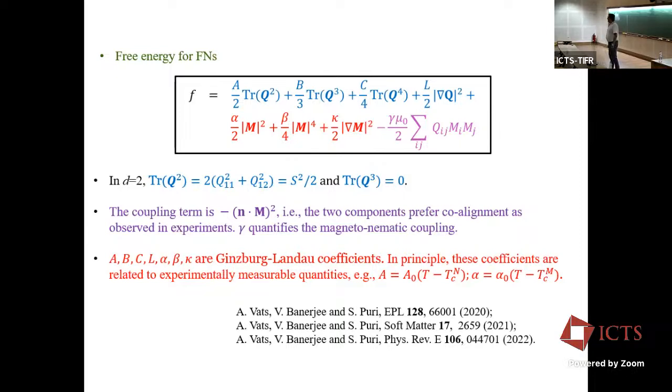This is a typical Landau free energy, which I believe you would have seen in your statistical mechanics course. The magnetization free energy is this red term out here. And basically, M is a continuous vector. It's a sort of continuous spin. Usually you encounter this in the context of a magnet.